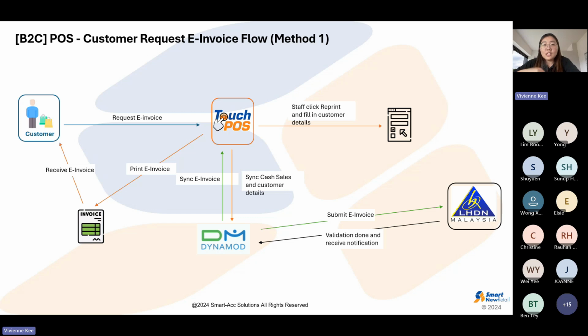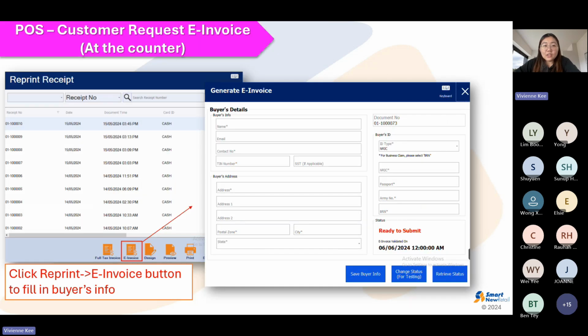If they request an e-invoice, we can go to the reprint receipt page and we will see the e-invoice button here. The button allows your staff to ask the buyer for the company name and the IC, or if they claim for personal purpose, they can choose the normal name and the IC number.